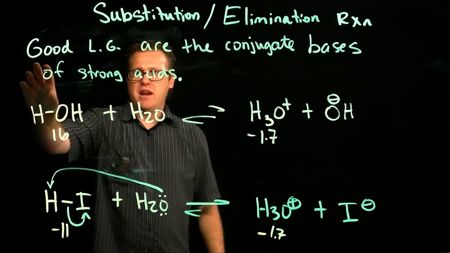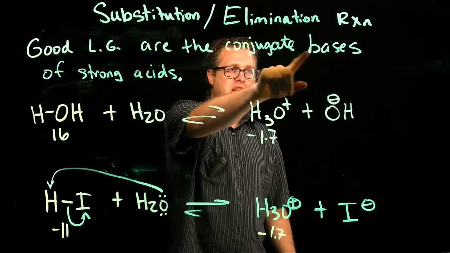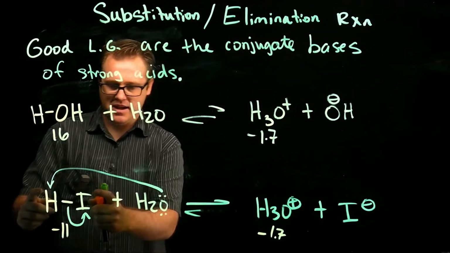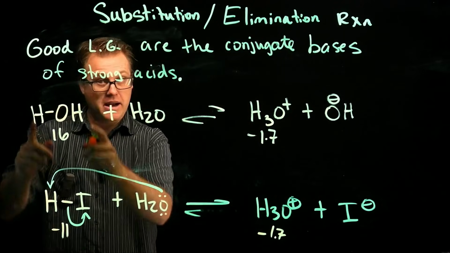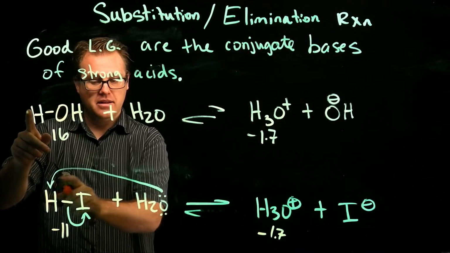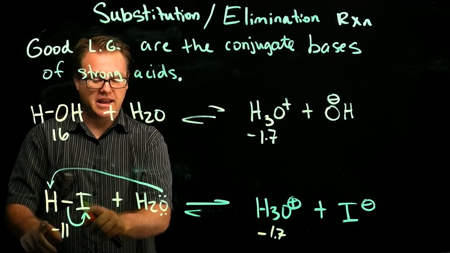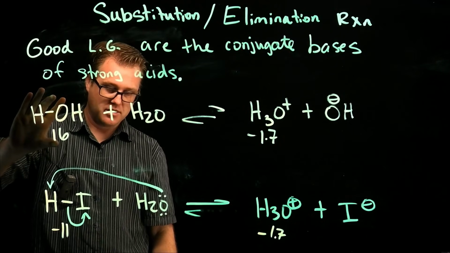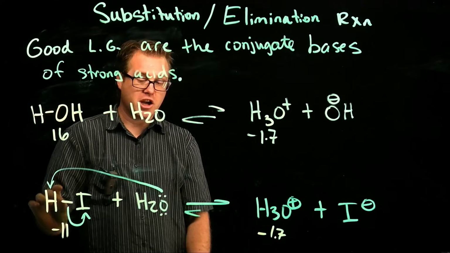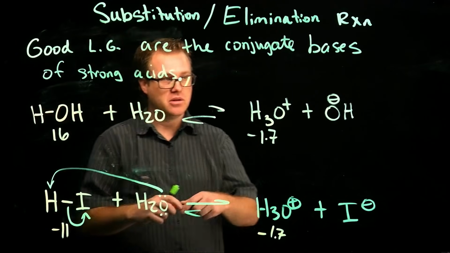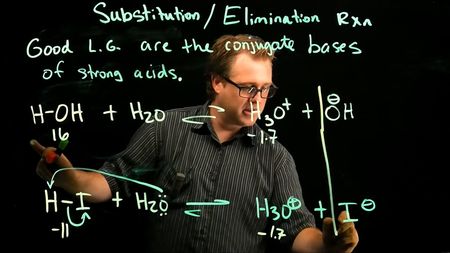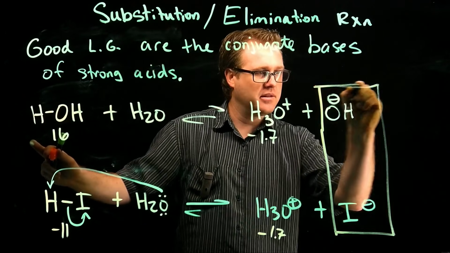So if we come back to our statement, good leaving groups are the conjugate bases of strong acids. So you see that this, compared to that, the hydroiodic acid is a much stronger acid than water. So when we look at the conjugate bases of these two, here's the conjugate base, and here's the conjugate base right there.